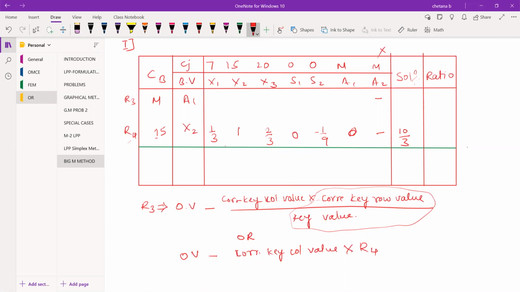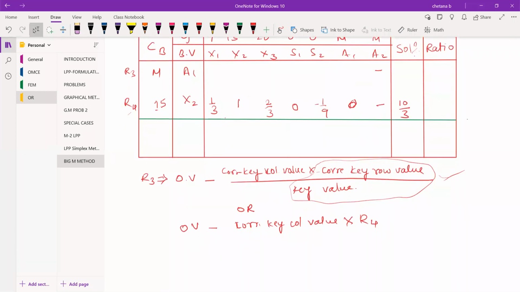That is your new row, the recent calculation. If you have confusion, you can always go for this. Both answers will be the same. So we can write R1, R2, R3, R4 even in the simplex also. Yes, you can write.